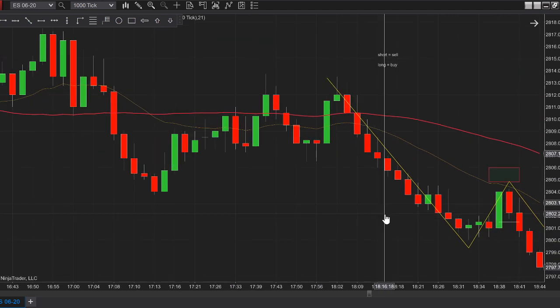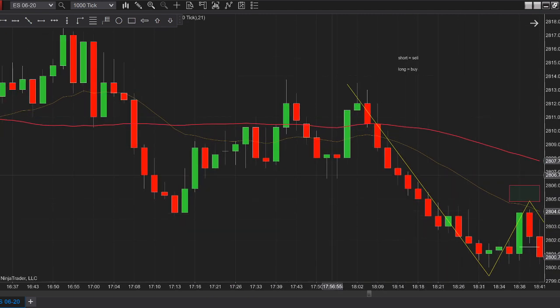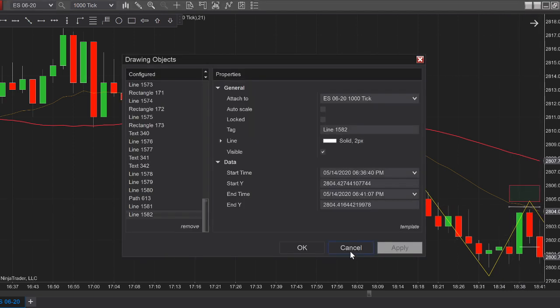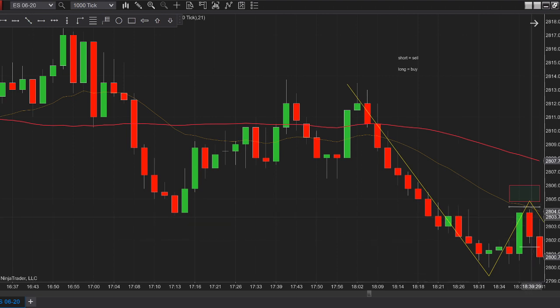So let's say I would have entered this trade, and as I said, we always need a plan to exit the trade if it doesn't go in our direction. For this, we need to put a buy stop above the high of this candle. Let's imagine that the price went higher than this one. I would have lost the trade, but I would have still minimized my loss.